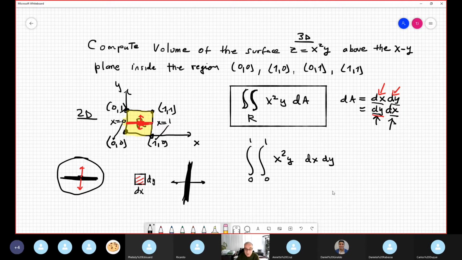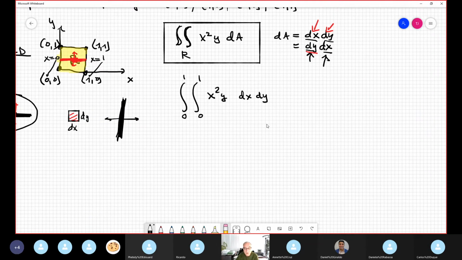Now, how do you solve this double integral? Well, easy. You convert it to one simple integral like in calculus 1. But it's like an iterated integral. What does iterated mean? In mathematics, when you're talking about iteration, it's the procedure that you are doing step by step.